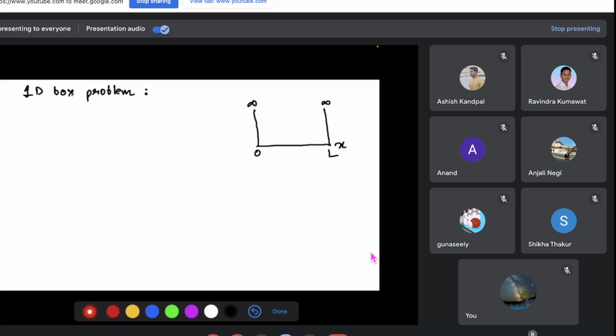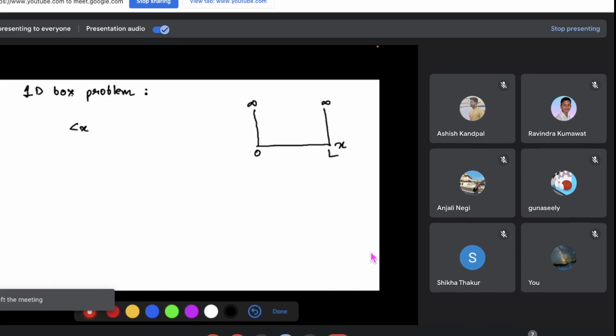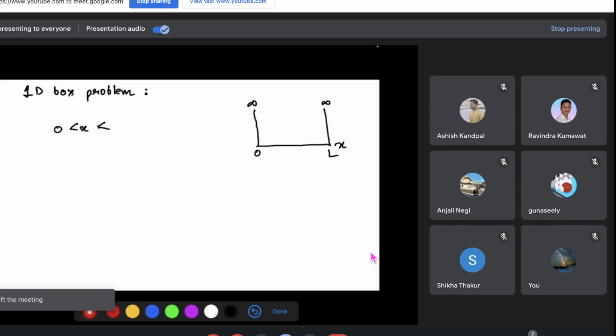So my particle can only be found in between x greater than 0 and less than L.